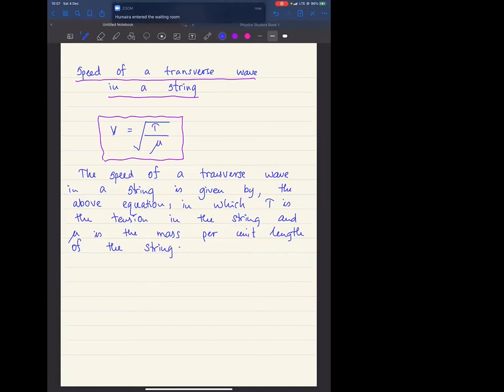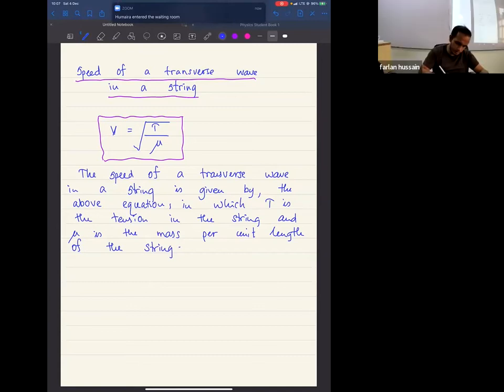Where mu is the mass per unit length, T is the tension. So that means one length of the string has what mass?